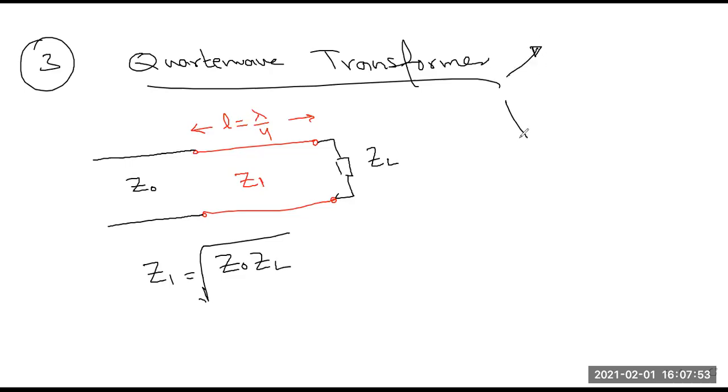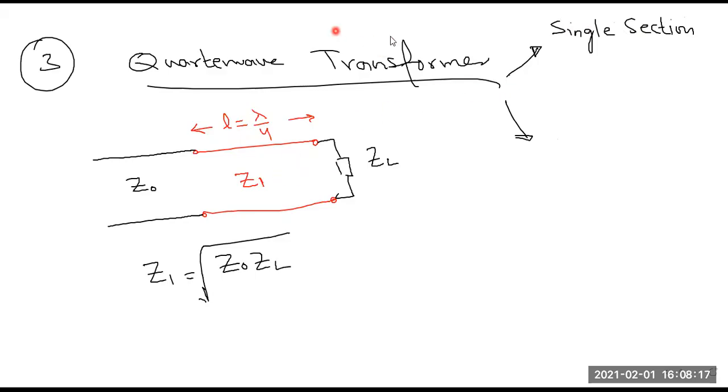One category that we already know about is what we call a single section quarter wave transformer, and this is the one which we are looking at. So this particular circuit that you are looking at, its standard name is single section quarter wave transformer.